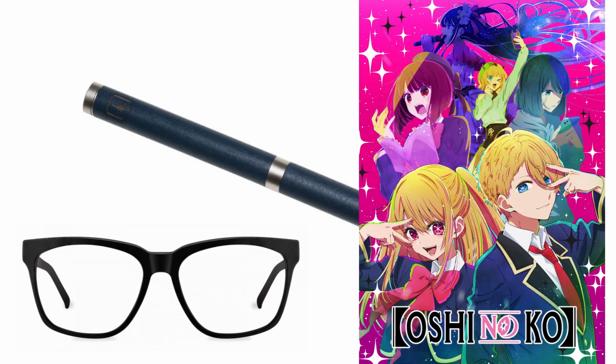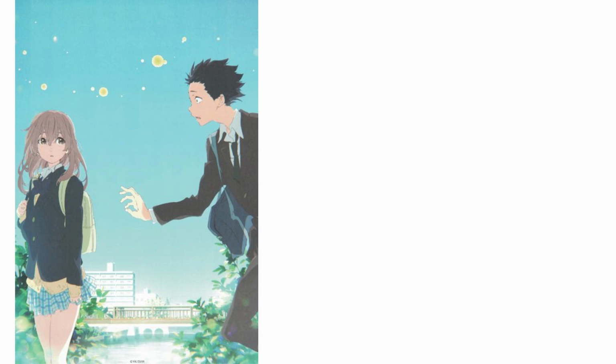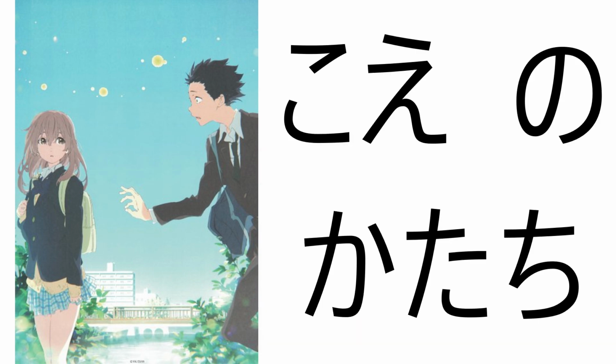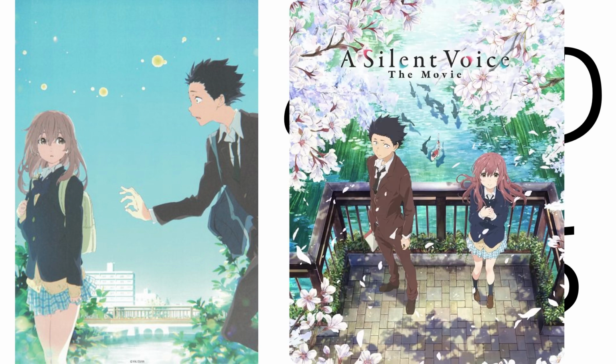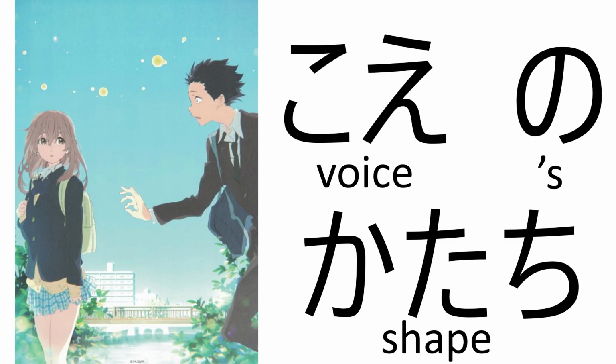Now you can read and write both Oshi no Ko and Koe no Katachi. Oshi no Ko we've translated already, but Koe no Katachi has a secret. Its English translation is Silent Voice, but when you look closely, Koe means voice, no is the equivalent for apostrophe S, but Katachi means shape in Japanese.